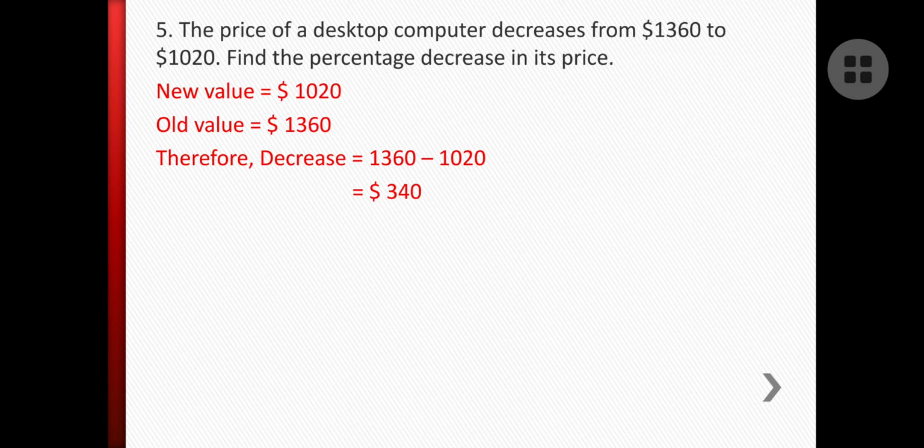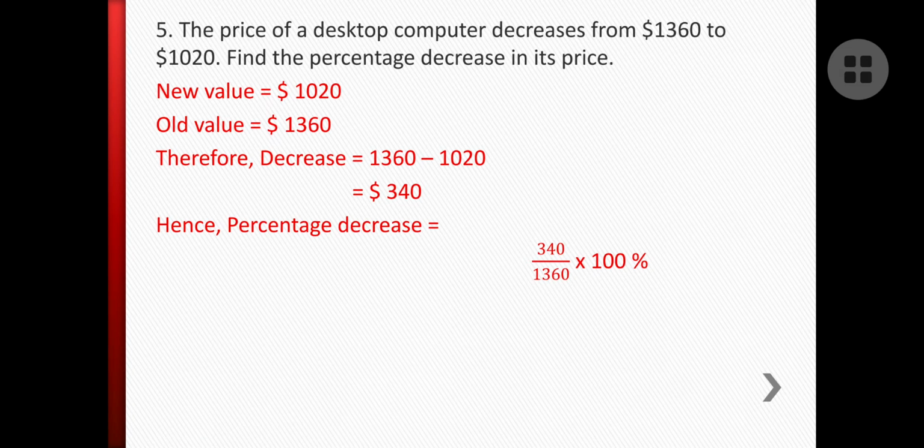That is what you have to find. So the percentage decrease will be 340 divided by 1360, because you're comparing with the old value. Percentage change is always compared with the original value. I've already given that in the previous session. So it's 340 divided by 1360 into 100.